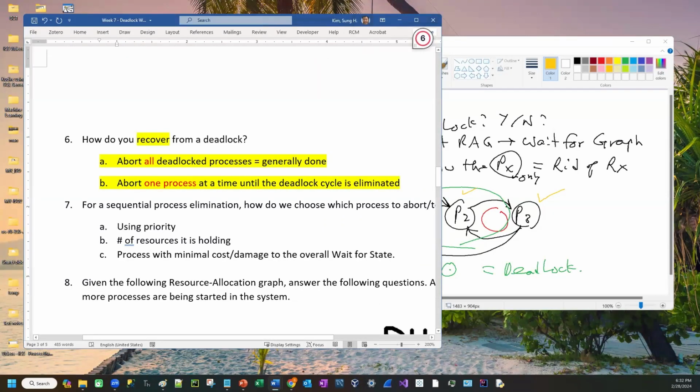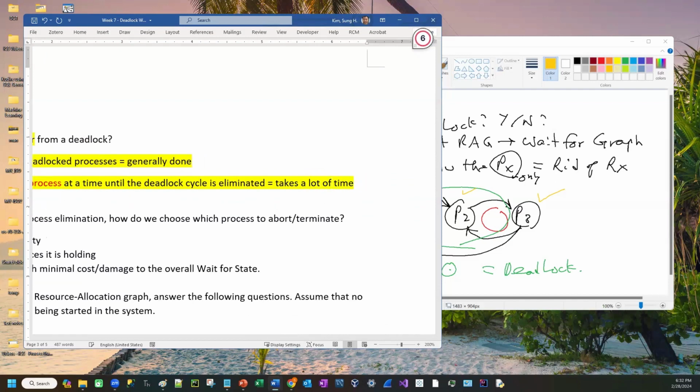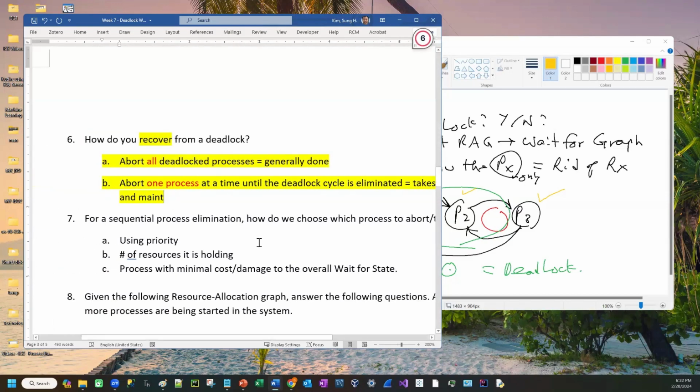But this is a waste; it takes a lot of time and maintenance, and cost.